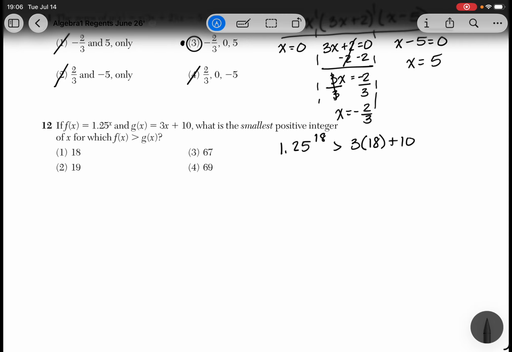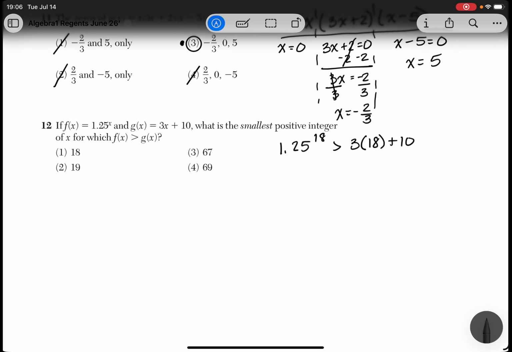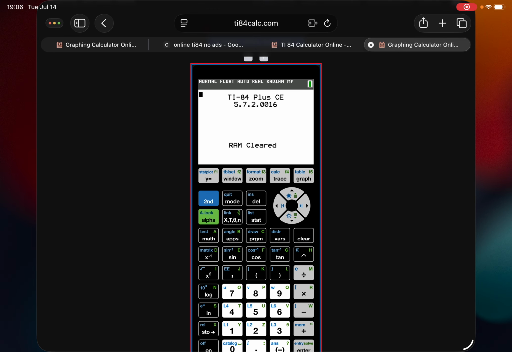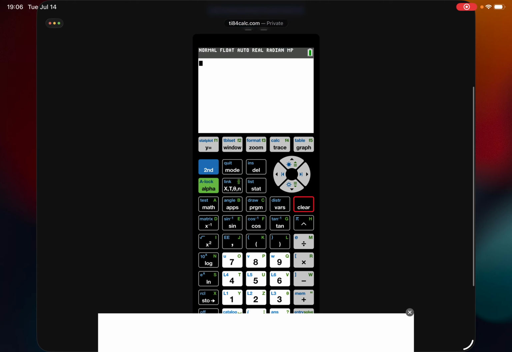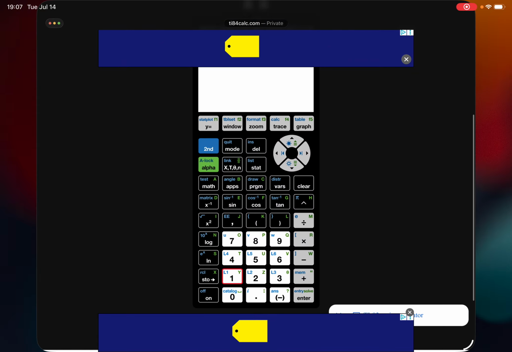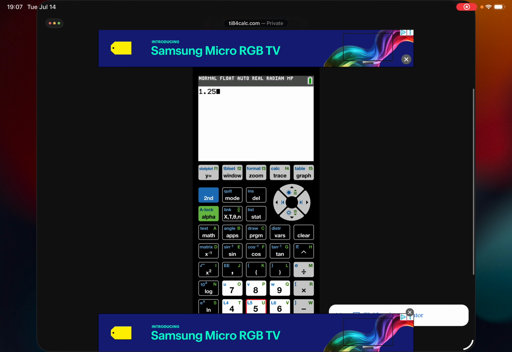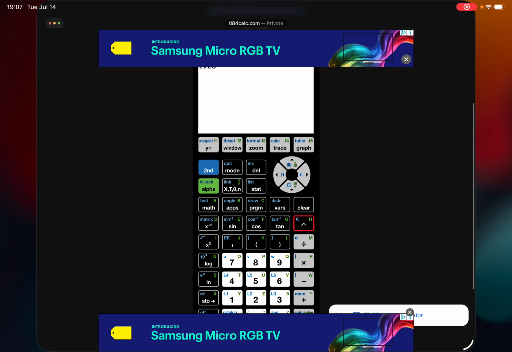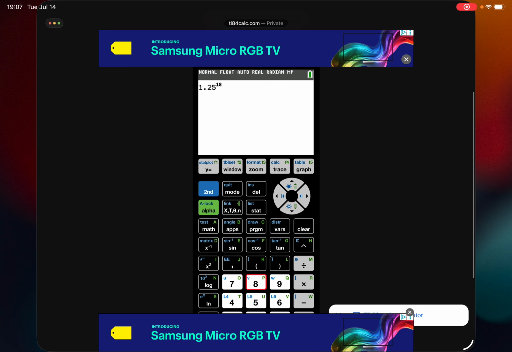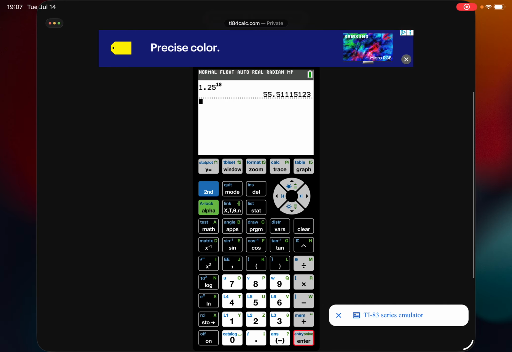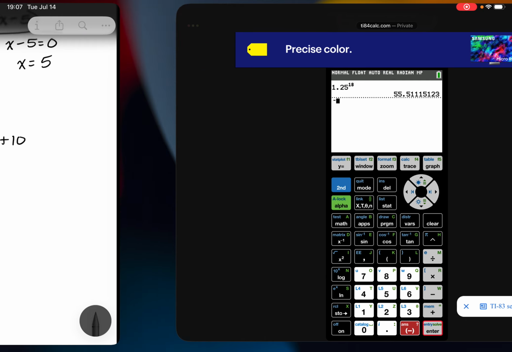I don't know what 1.25 raised to the power of 18 is off the top of my head, so we're going to use our handy calculator, which should be supplied on the day of your test. We type 1.25, use the caret button to raise to the power of 18, and hit enter. We get 55.5.